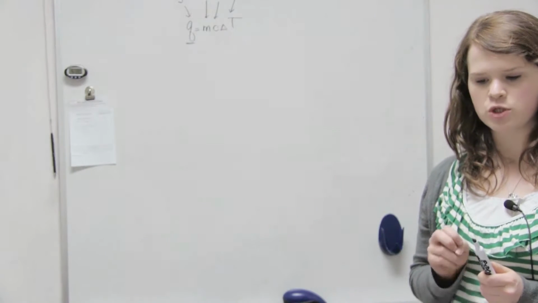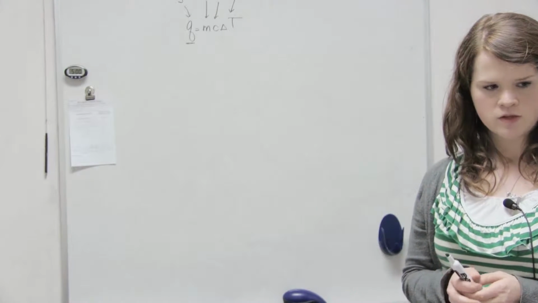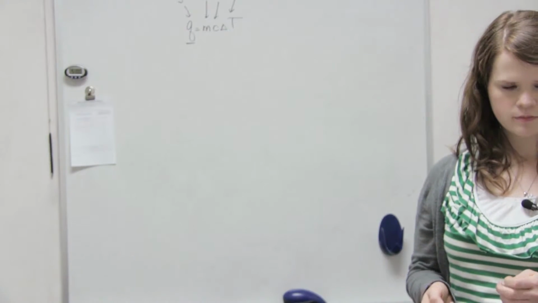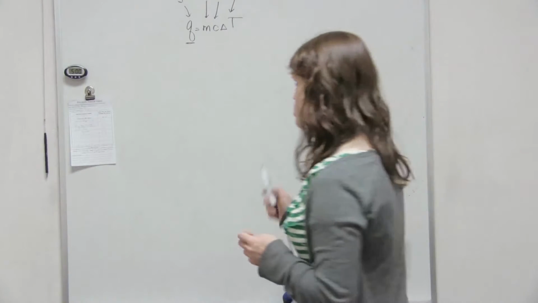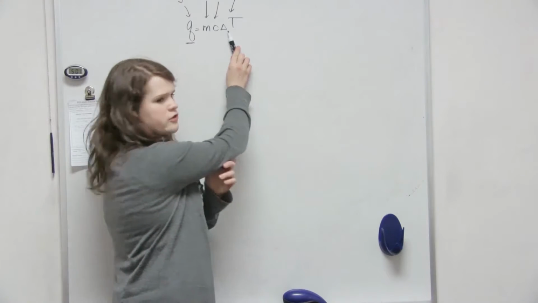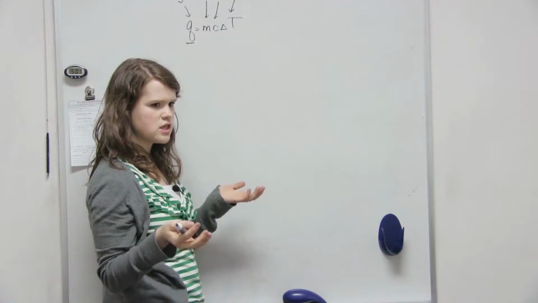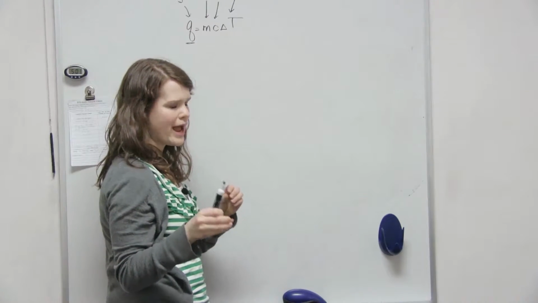Calculate the new temperature of the water bath. So they gave you initial temperature, they want you to find final temperature. And we can do that by solving for the change in temperature and then either minusing it or adding it to the initial temperature, depending on what happened.